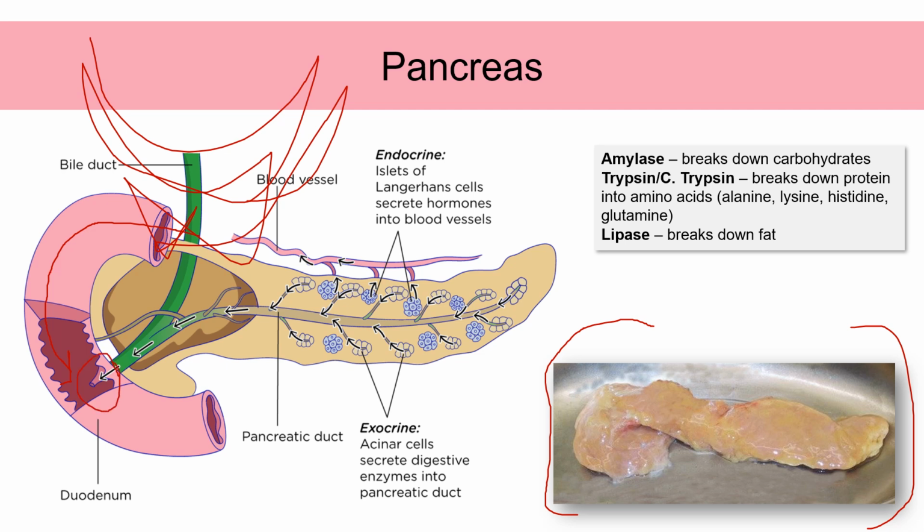One side of this duct goes to the pancreas, and the other side goes up to the gallbladder. This is the bile duct. When the food comes down, our body senses it, and the pancreas will secrete digestive enzymes and insulin, and our gallbladder will secrete bile, and it will meet the food here so that it can be further processed. Here's the list of our digestive enzymes. We have amylase, trypsin, and lipase.